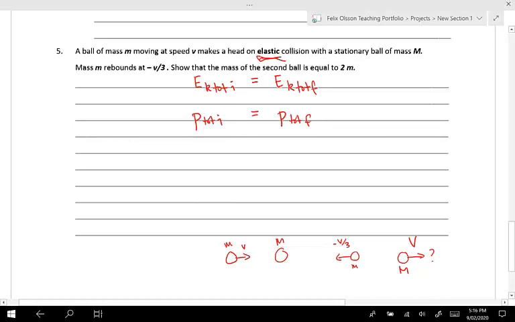With those two conditions, if you substitute in all the expressions for all of the initial and final energies and momenta, you should be able to eliminate everything to give big M in terms of little m. I'm going to forewarn you that it's going to involve some simultaneous equations and substitutions, but that's the principle that you're going to use to approach that problem.